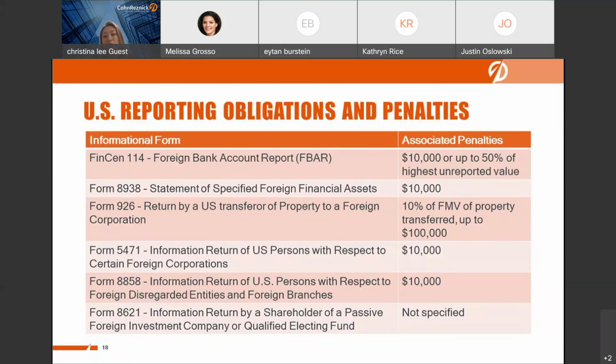Many of you may be aware of the Foreign Bank Account Reports, or FBAR, that is now called FinCEN 114, and the reporting forms when you have a foreign subsidiary or a foreign disregarded entity or branch. We should also note that when a company or an individual makes a contribution into a foreign company, the contribution also needs to be reported.